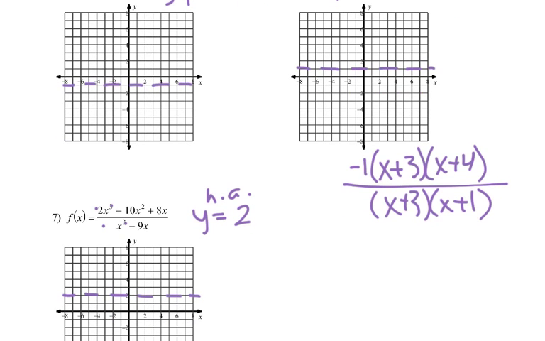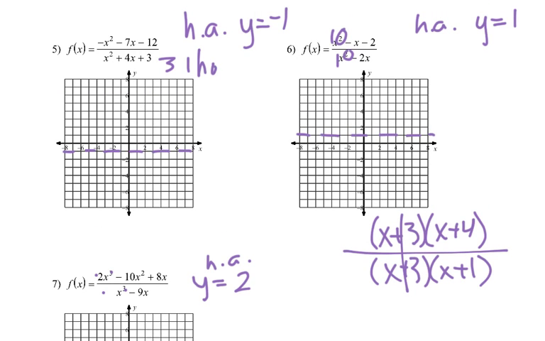Now, we don't really think of that -1 anymore. We don't really need it. Okay, so now we can cancel something out. So I've got a hole, right? So my hole is going to be at x plus 3 equals 0 would give me x equals -3.